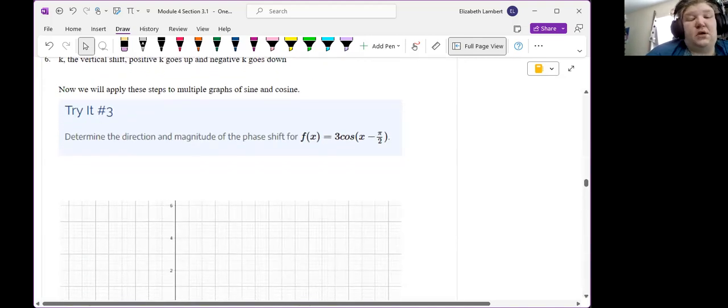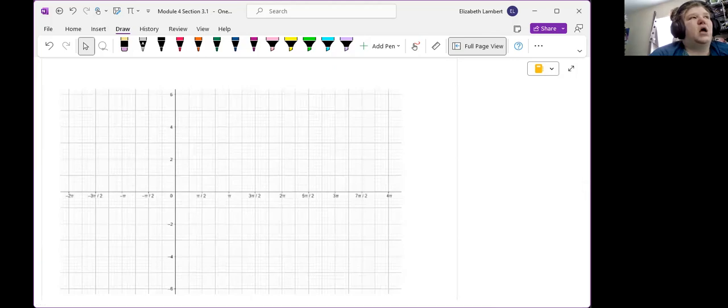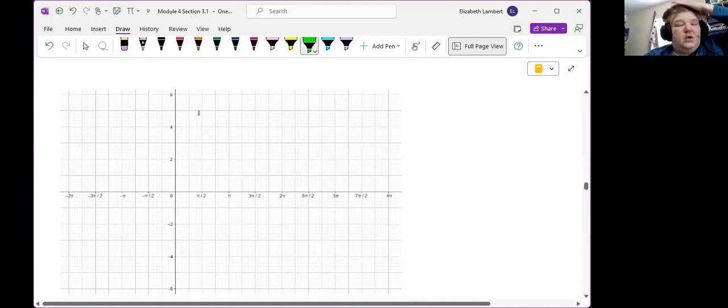Okay. And then on the notes here, I yanked this graph paper from a file that we're not using yet. But it's really nice because the vertical marks are done by pi over 2s.